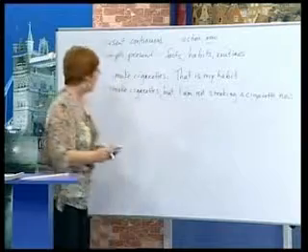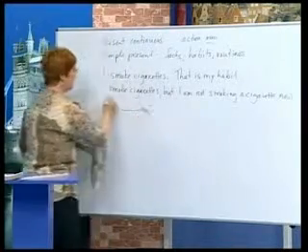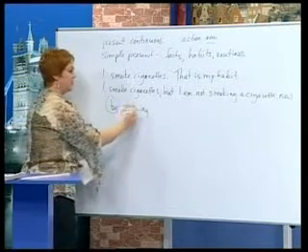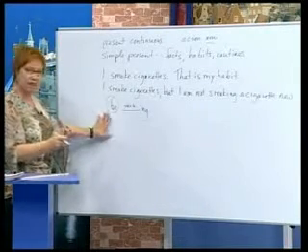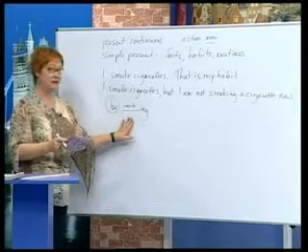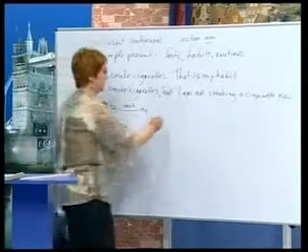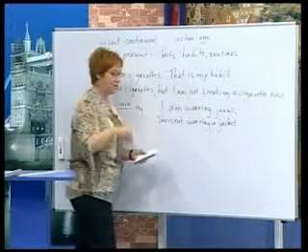Okay? And remember, the formula is be plus ing. So am, is, are, and the verb with ing on the end. Okay, now this one changes, this one doesn't change. So this is the one that does the work. And so, for example, I am wearing jeans. She is not wearing a jacket now.